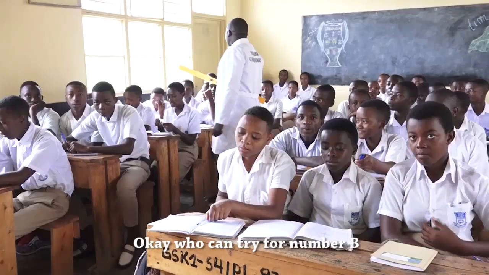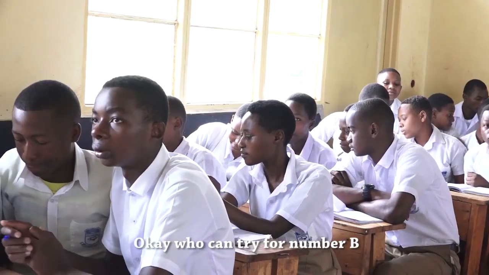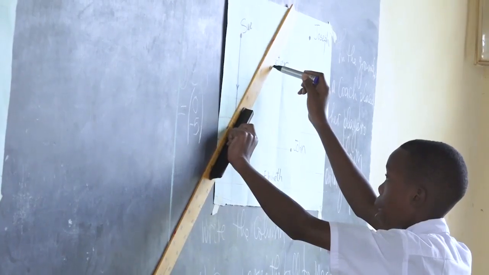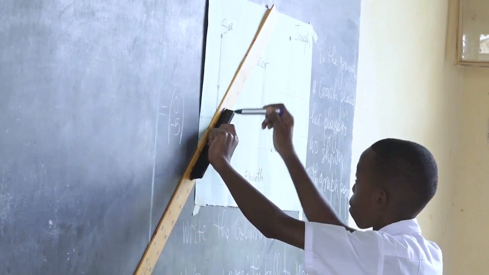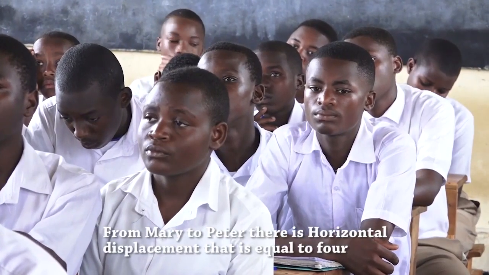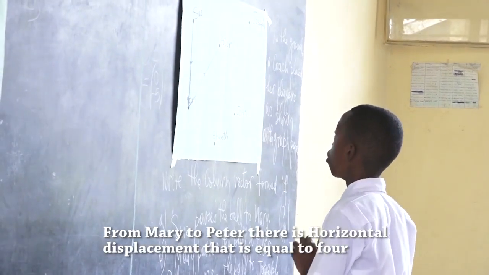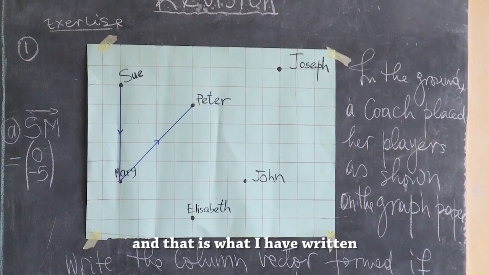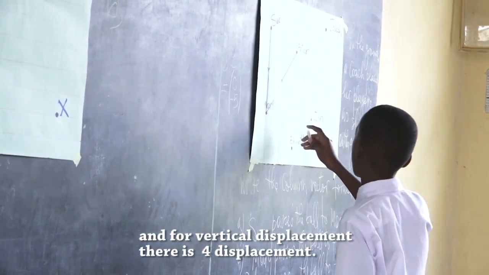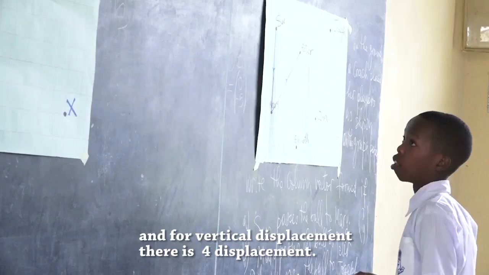Who can try number B? Patience. From Mary to Peter, there is a horizontal displacement equal to 4, and that is what I have written. And for vertical displacement, there is a displacement of 4.